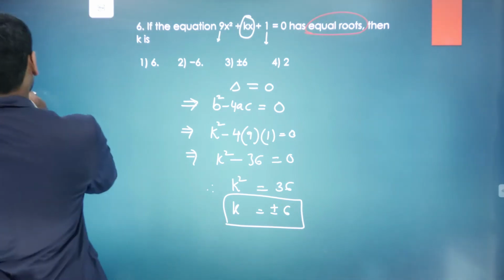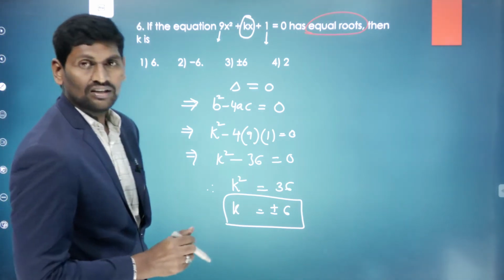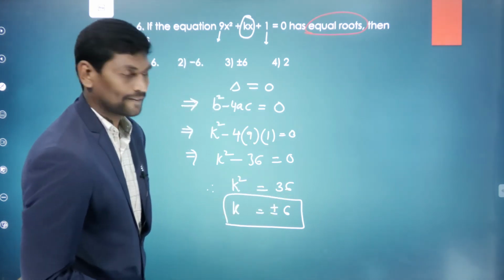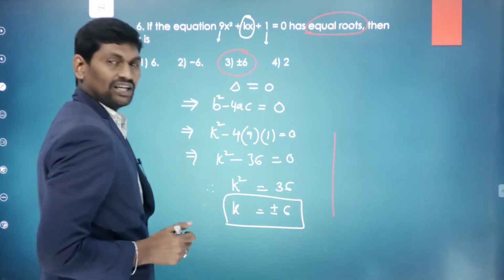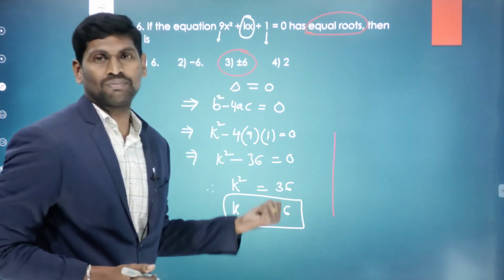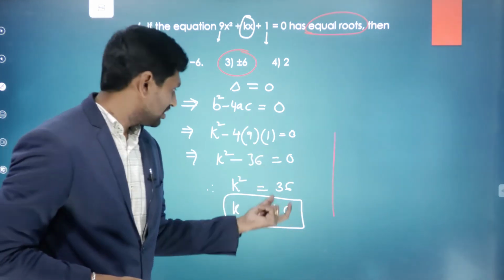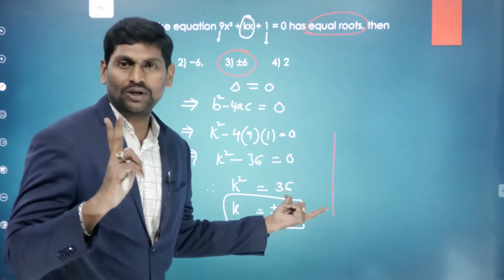So your answer is, when you apply the square root on both sides, you should take both plus or minus symbols. Why do we have to take plus or minus? Because if you square minus 6, it will be 36. If you square 6 also, 36. So this 36 comes from minus 6 or plus 6. Two options we have.